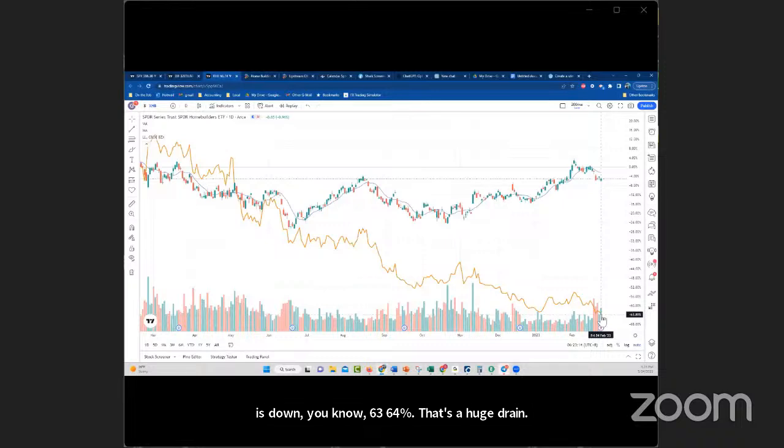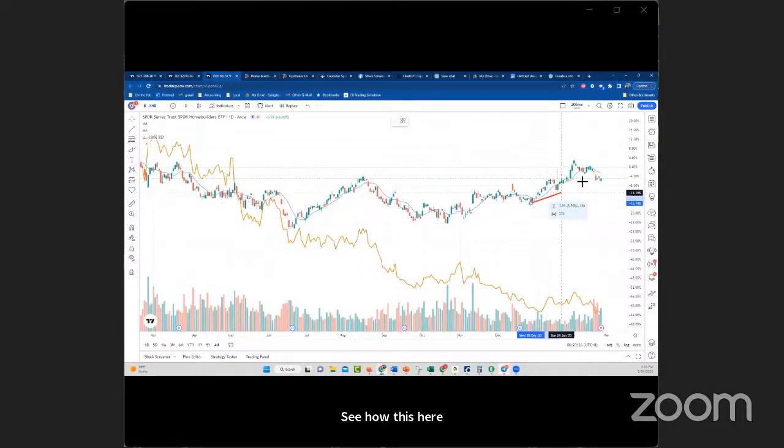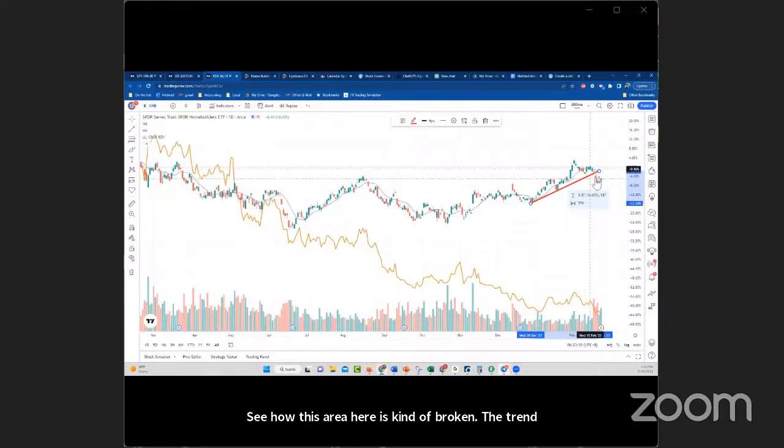So I feel like the fact that here just in the past 2 or 3 days, see how Lumber Liquidators has made a new low. See how this area here has kind of broken the trend in prices. We're out on this island. And Lumber Liquidators during this period of time isn't going up in price.